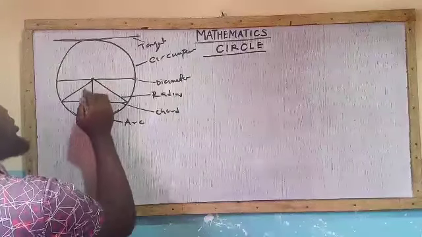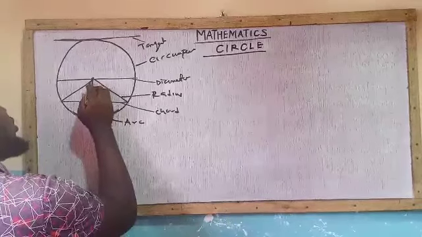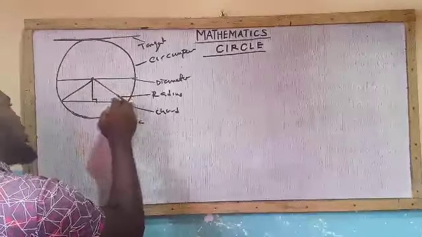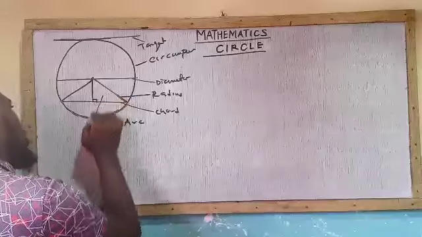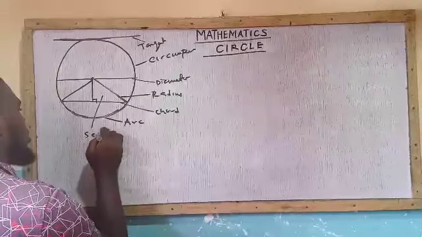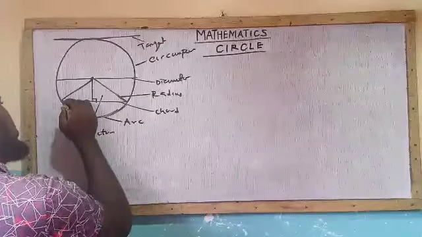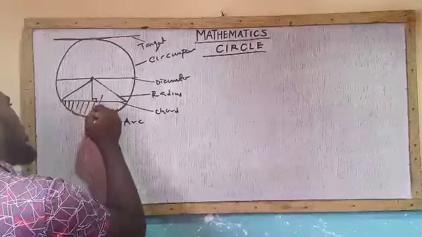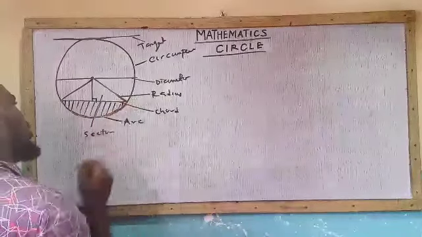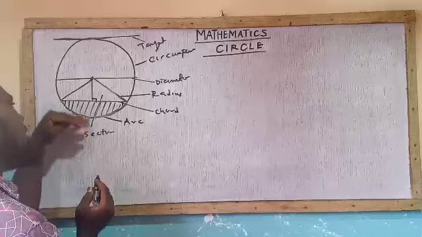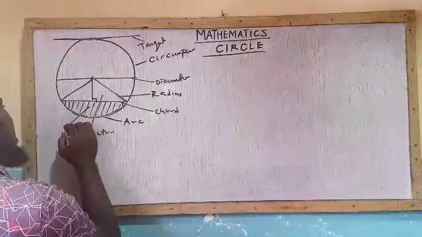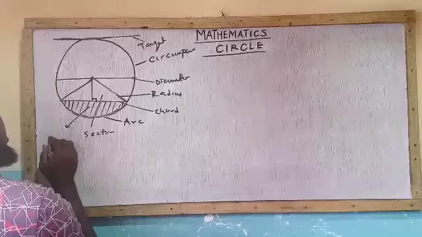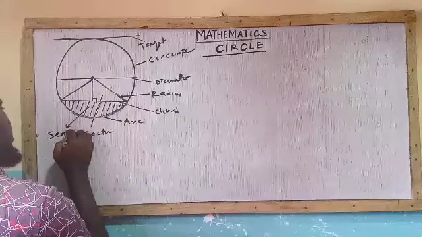The shape that is formed when two radii are combined with an arc is called a sector. If I bring out a shaded portion, that is, I am cutting this part out of the major circle, any part that is cut out is called the segment.